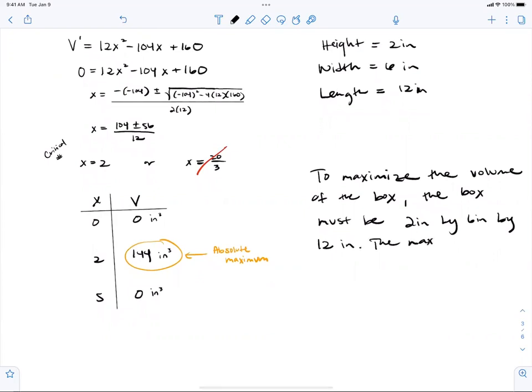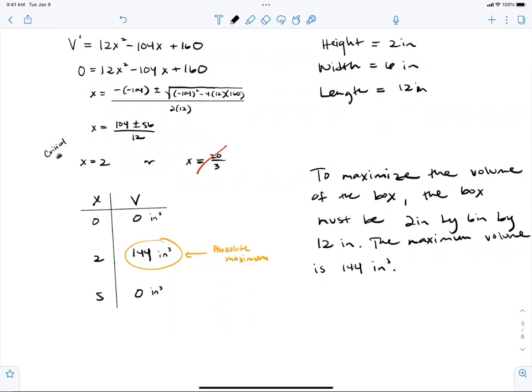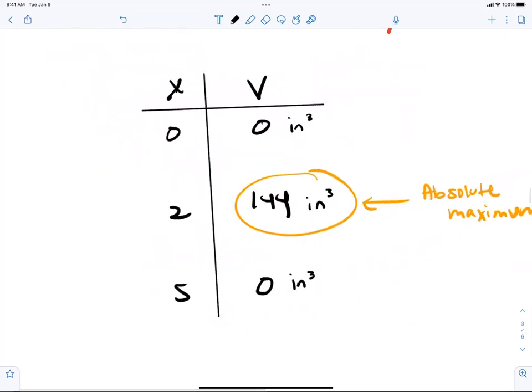The maximum volume is 144 cubic inches. You have already done the justification in considering the endpoints as well as the critical numbers. You've stated the domain of the optimization equation. You've stated the critical numbers and how you get them. So this is your justification.